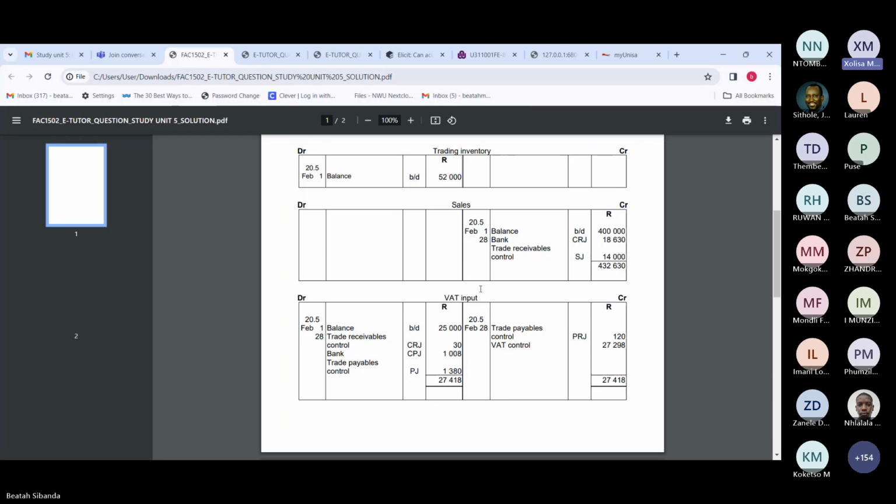And then you remember there are two ways to account for sales, right? You can either sell an item directly for cash. In other words, if you sell cell phones, you sell the cell phones and you get the money immediately. The other alternative is to sell the item on credit.